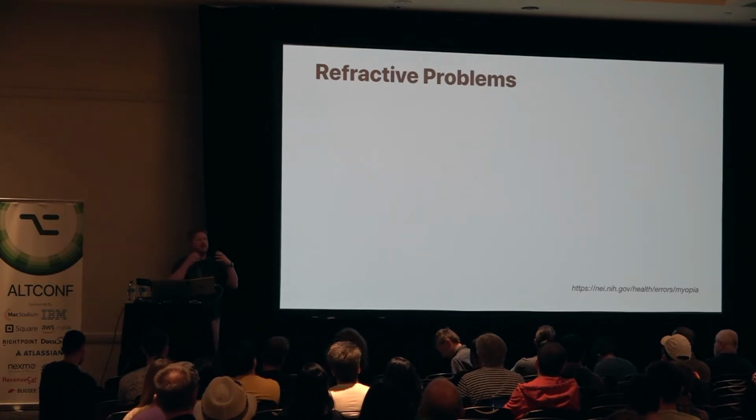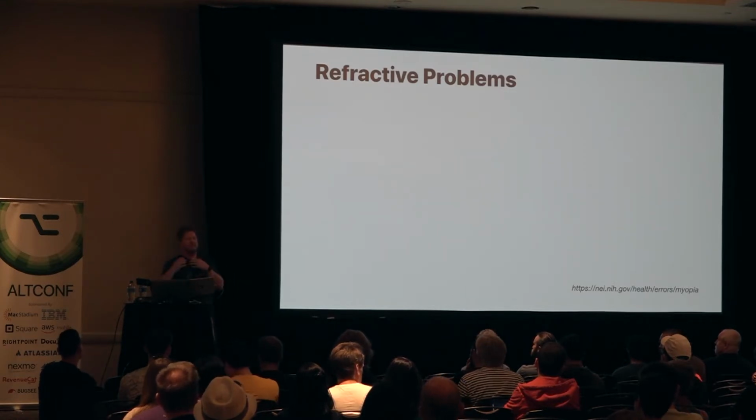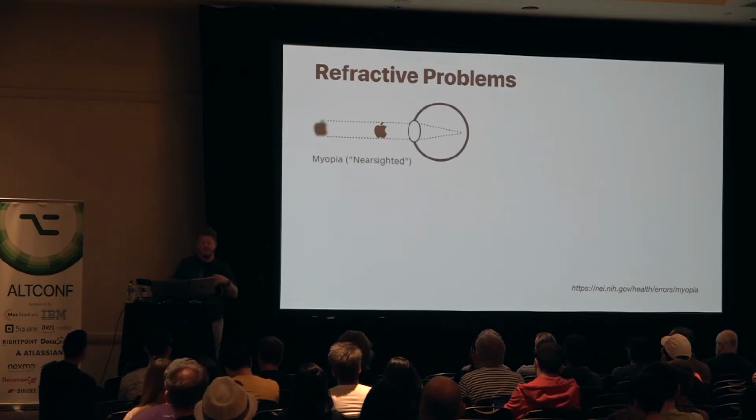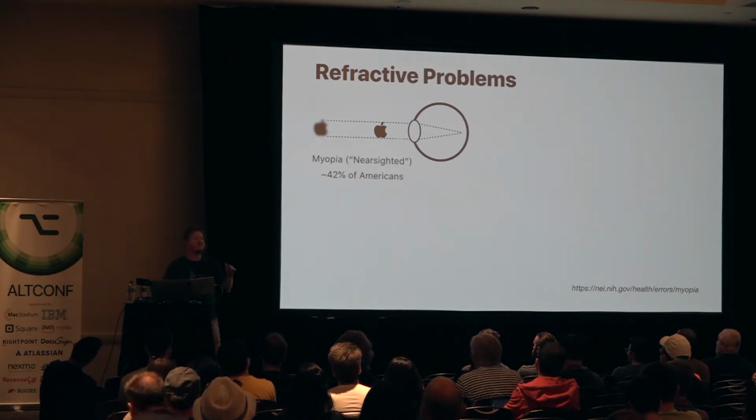Basically, the general issues with the lens or cornea or even the shape of the eyeball that make it so people need correction, that they can't see things in focus properly. There is myopia, nearsightedness, which affects 42% of Americans, and I'm going to apologize ahead of time to anybody international that these numbers are American, but they were about the most consistent set of numbers I could find.